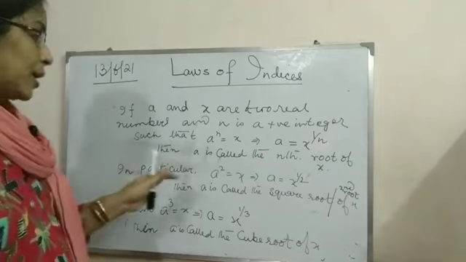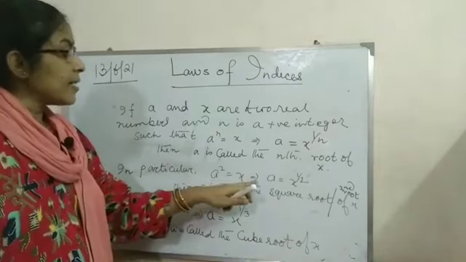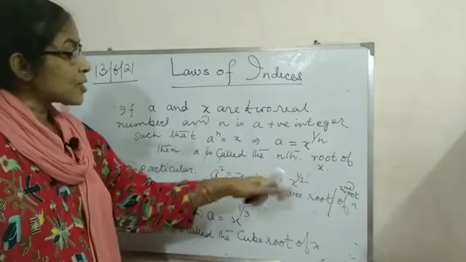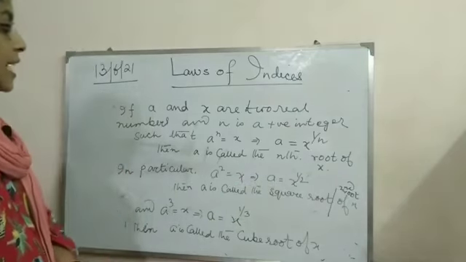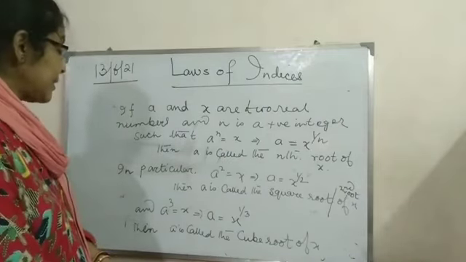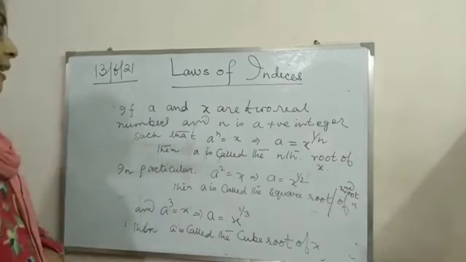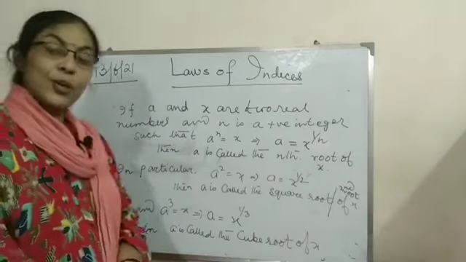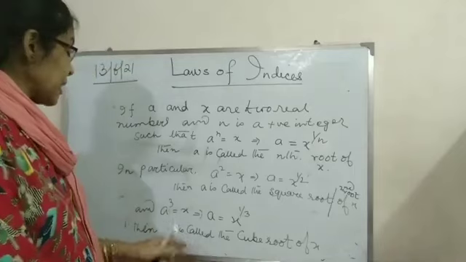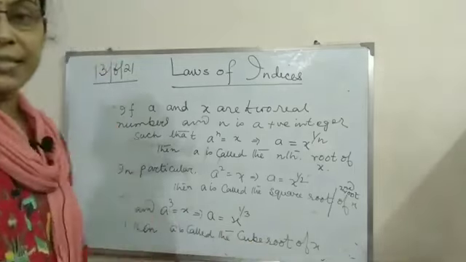In particular, if a square equals x, then a equals x to the power half, and a is called the square root or second root of x. And if a cube equals x, then a equals x to the power 1/3, and a is called the cube root of x.